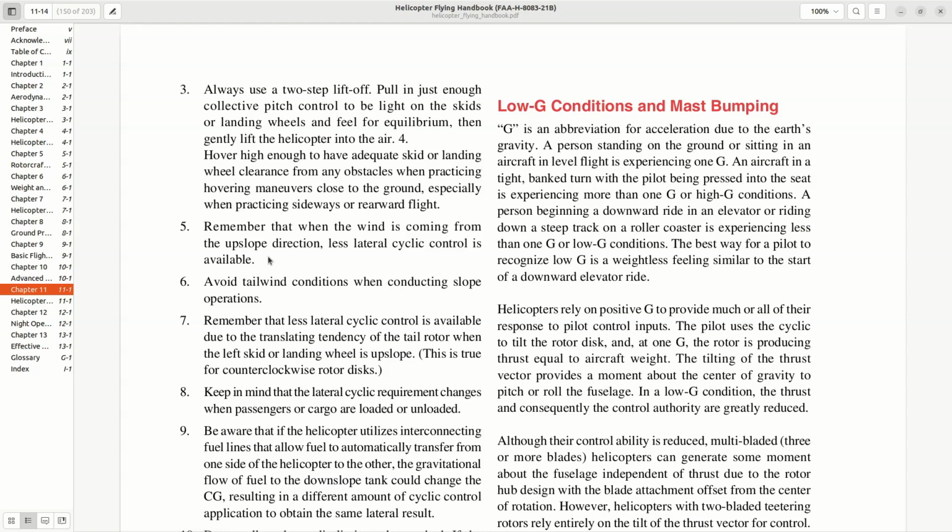I've flown with some pilots that say, oh, I want to have the skid below me upslope, whatever skid that is. That's not correct. You want to have the right skid upslope, if you can, in the case of a standard helicopter. And keep in mind that the lateral cyclic requirements change if you load or unload passengers and cargo.